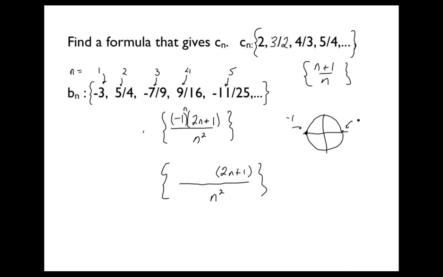So how could we use cosine to do this? Cosine of what? So cosine of what gives negative 1? Pi. Cosine of what gives 1 then?